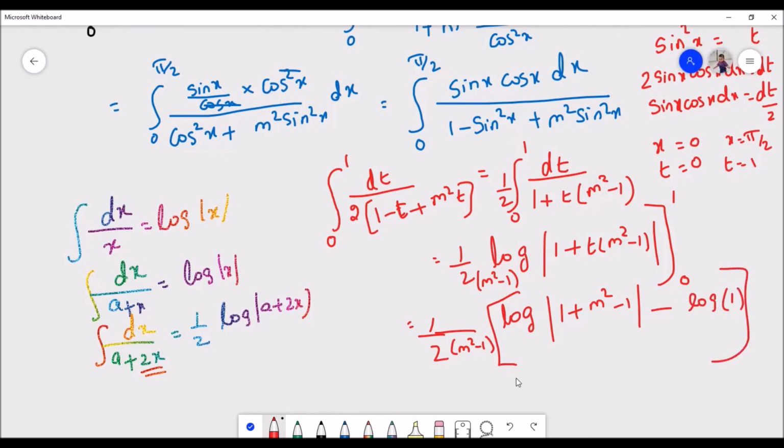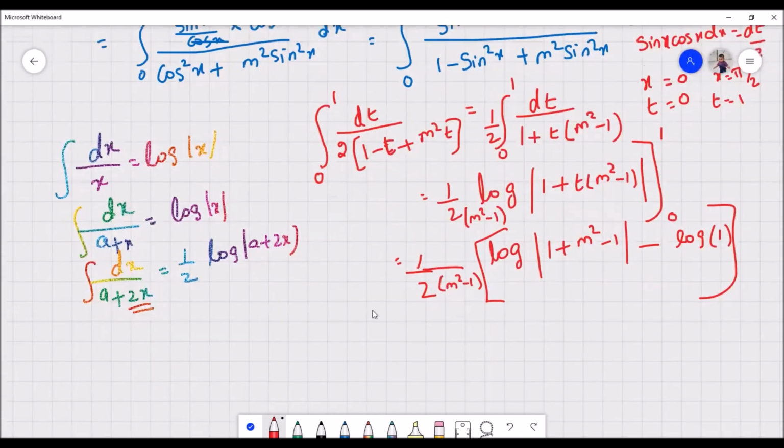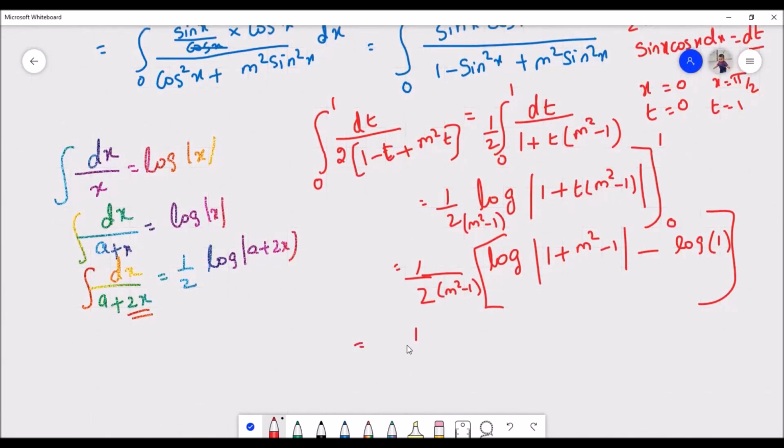So the answer in this step is 1 divided by 2 times m square minus 1, of log mod, here 1 gets cancelled, log mod m square.